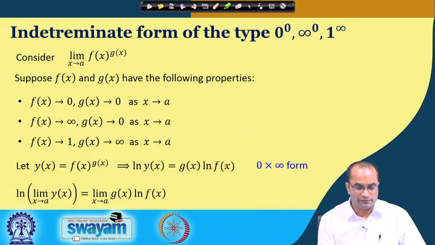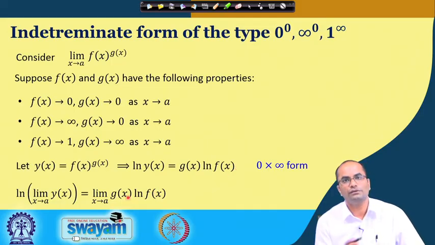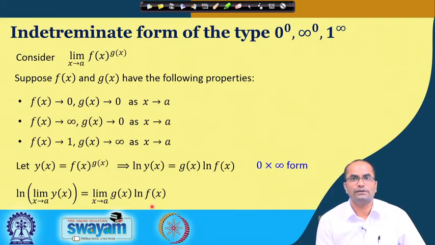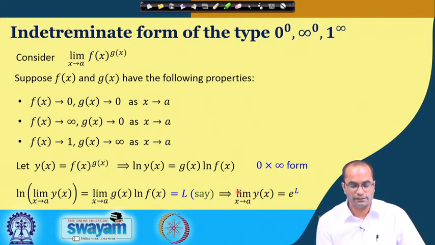And now, here, as we have already discussed, these are the forms of 0 into infinity form, which we can deal with as we have done before, and suppose that this limit is L. So, once we compute this limit, we can take the exponential on both sides to get the limit as x goes to a of y(x), because this was the desired limit.